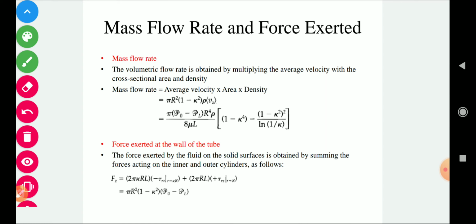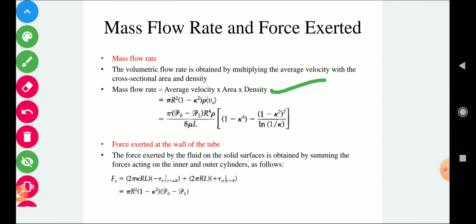Average velocity into area will give you volumetric flow rate. So if you multiply this volumetric flow rate by the density of fluid, then this meter cube will be cancelled out and you will get kg per second. So this will be mass flow rate.